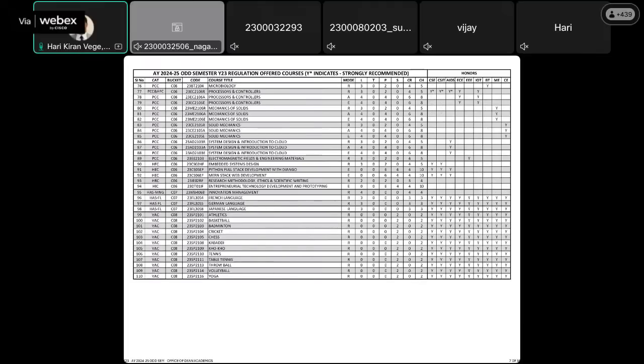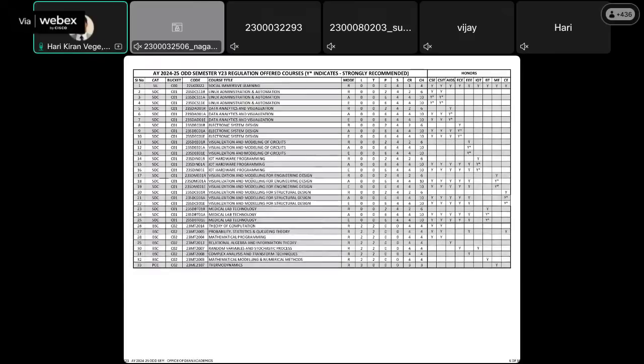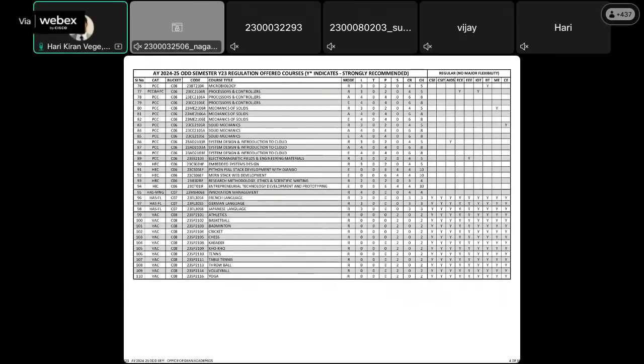So the same applies for the C6. Now let's quickly look at the C6 bucket. I'll give you a little example. I am now looking at regular. If I'm a CSE student, a regular student, in the C6 bucket, I see that there are no recommendations at all.